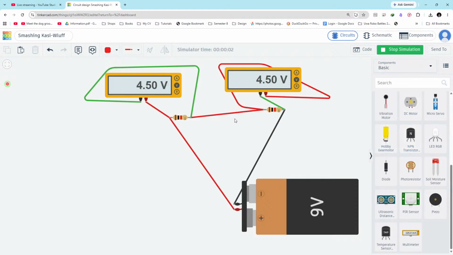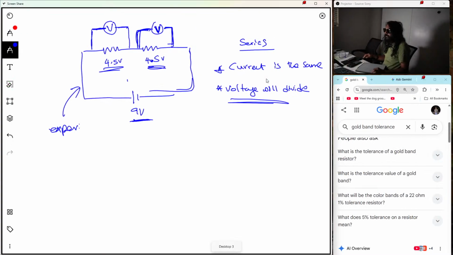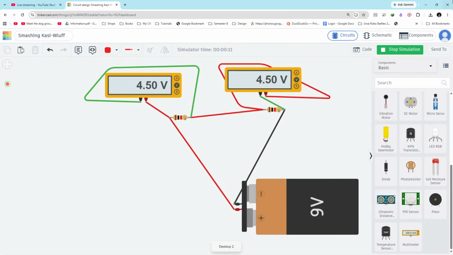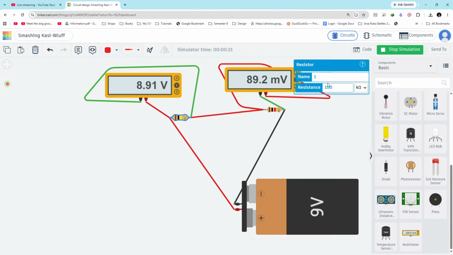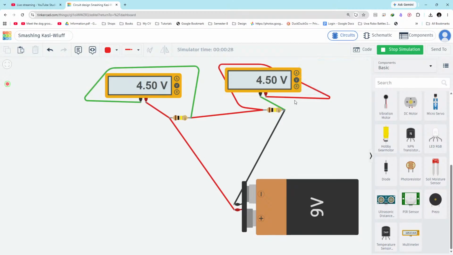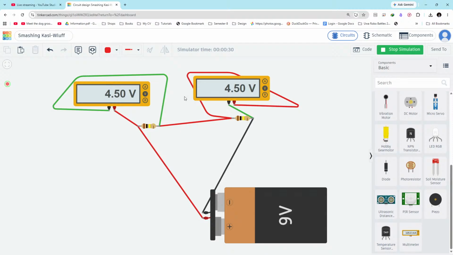So you can see that now both the voltmeters are giving us 4.5 volts across them, as expected, because they are having the same value. So anyway, let's try to change the value, right? So let's try to make this one 100 kilo ohms, and we will make this one 100 kilo ohms, and you will see that when you do that, both the voltmeters still show the same value.